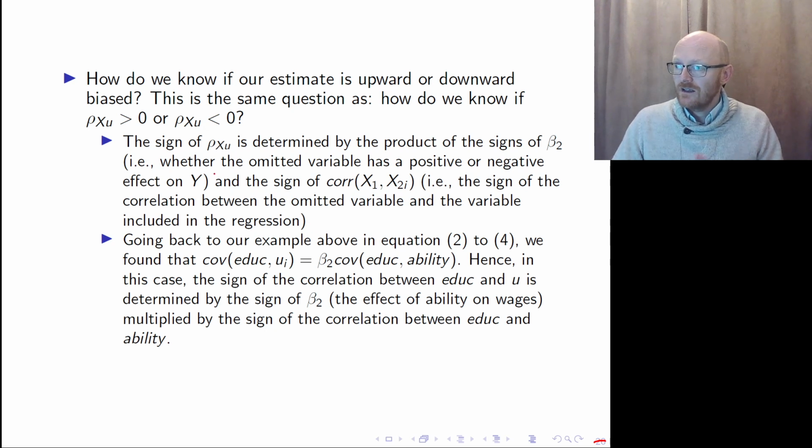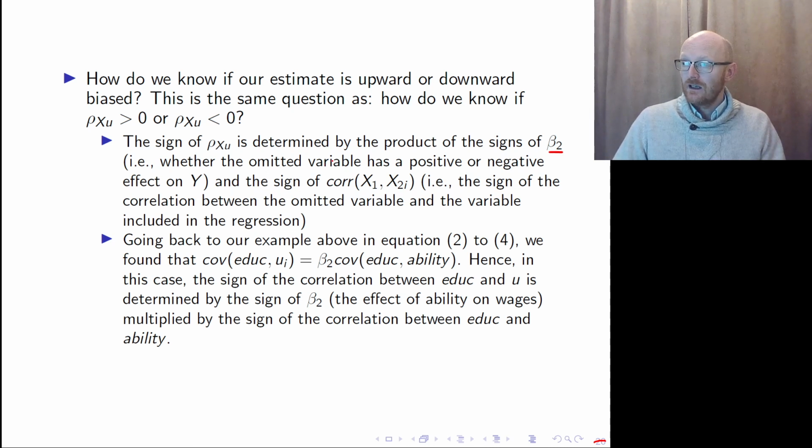The sign of the correlation is determined by the product of the signs of the population slope of the x2 variable, which means: does the omitted variable have a positive or negative effect on y?